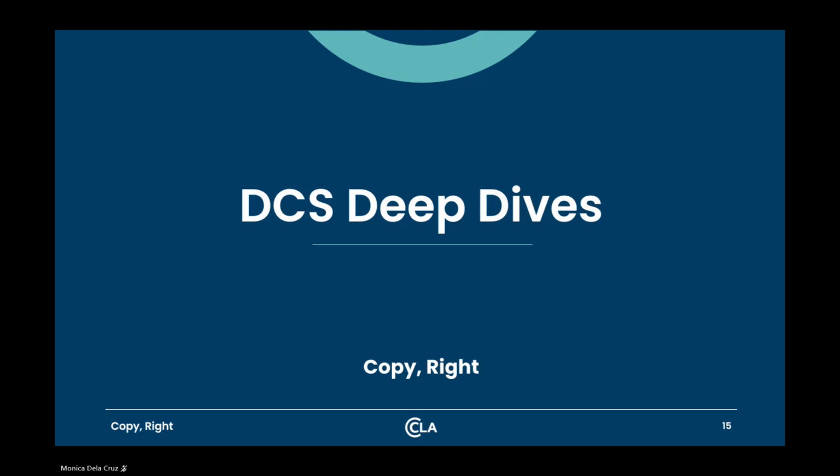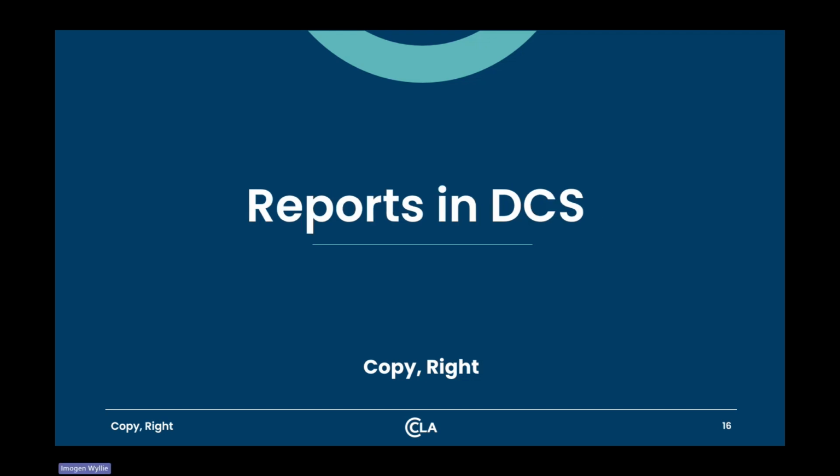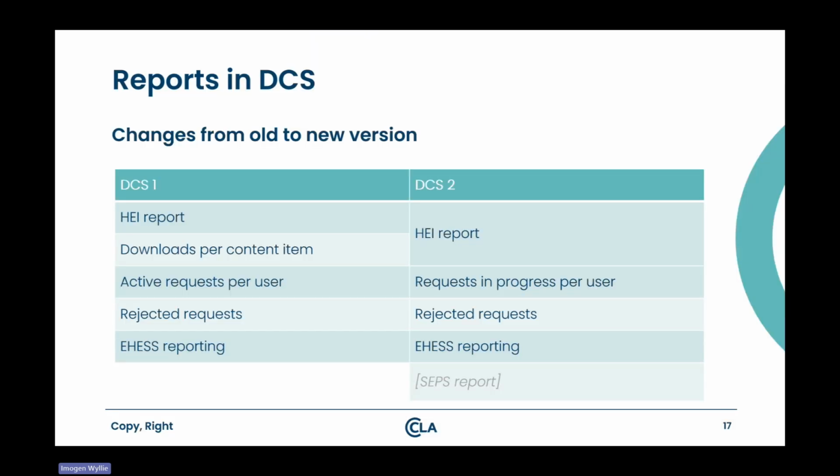Okay, next. I thought there were a couple of topics I wanted to just whip through today. First up, looking at reports, so your reports in the DCS, and a quick recap of the types of report available now versus the old DCS.